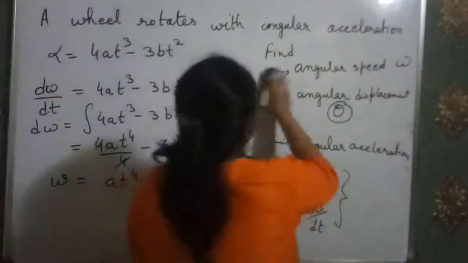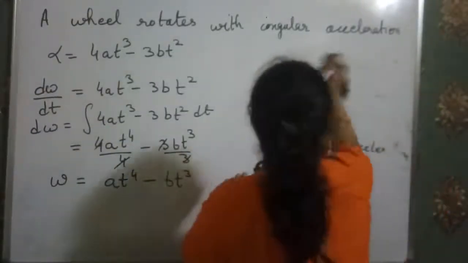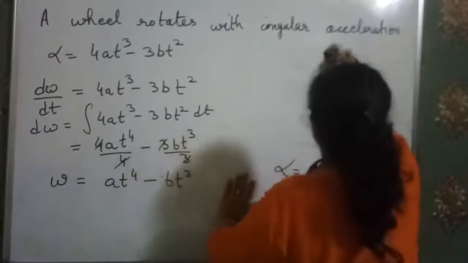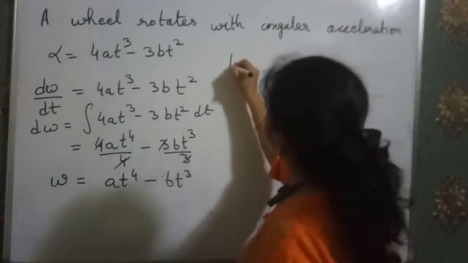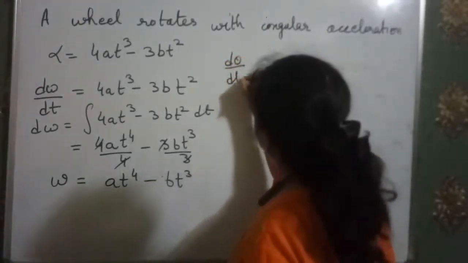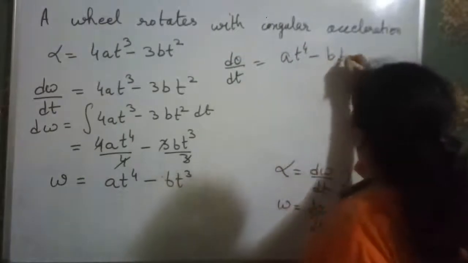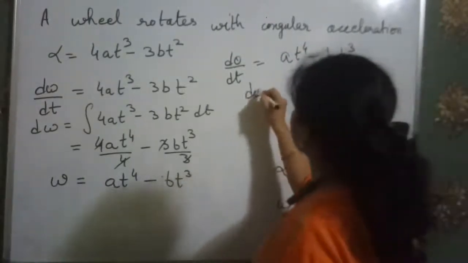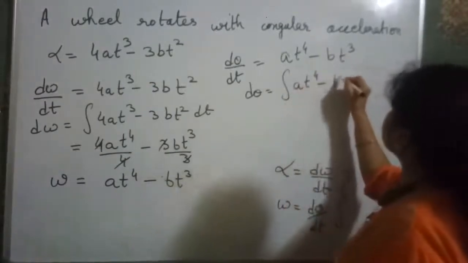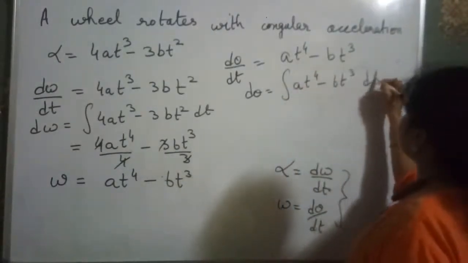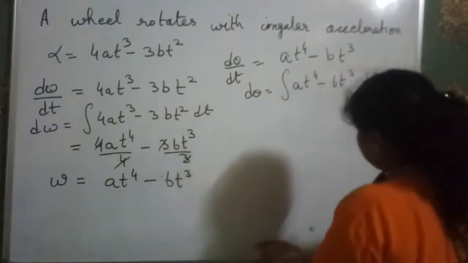Now the angular displacement. Similarly, we know angular displacement is theta. So in place of omega, we write d theta by dt is equal to at to the 4 minus bt cubed. So d theta is equal to the integration of at to the 4 minus bt cubed dt. Clear? Now integrate it and we easily get the answer.